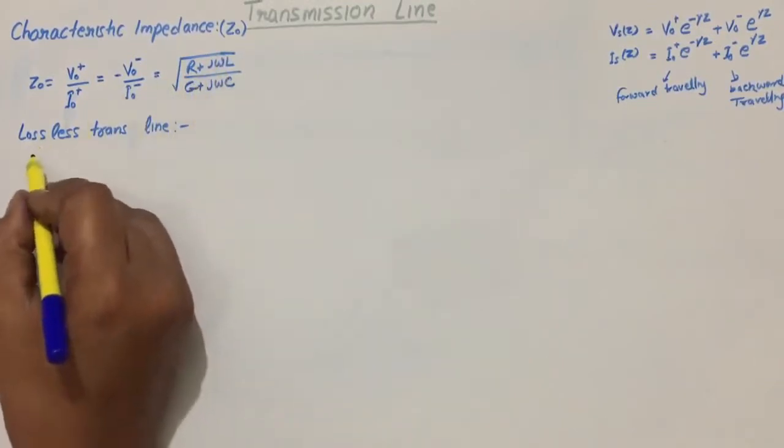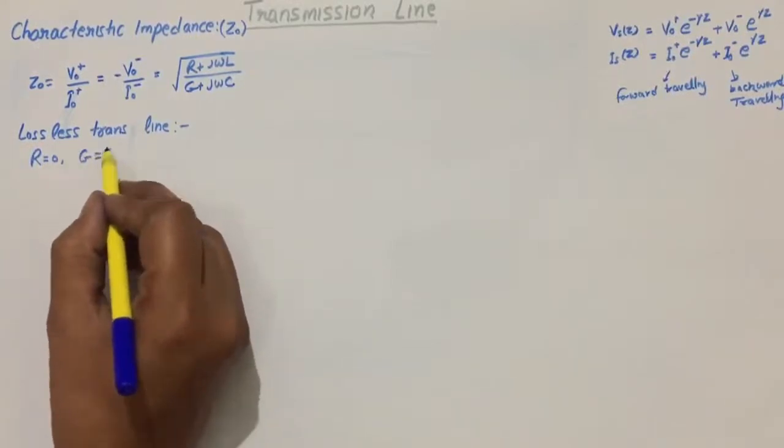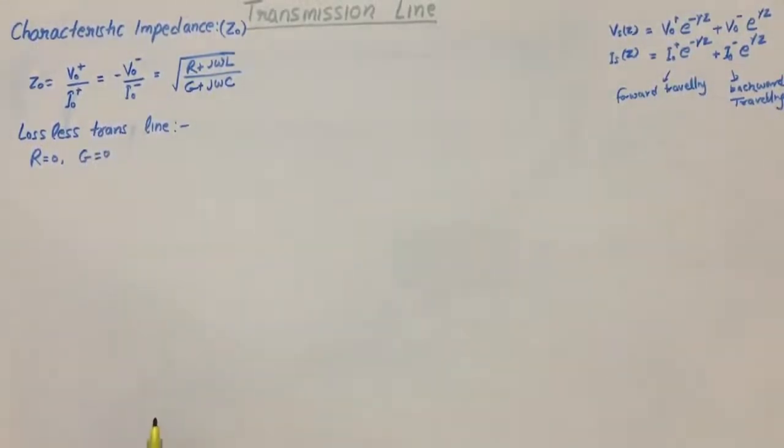So lossless means the resistance and conductance of the line are 0. And if these are 0, then let us try to find the different parameters that we have studied in the case of unbounded wave propagation, or we can say unguided wave propagation.